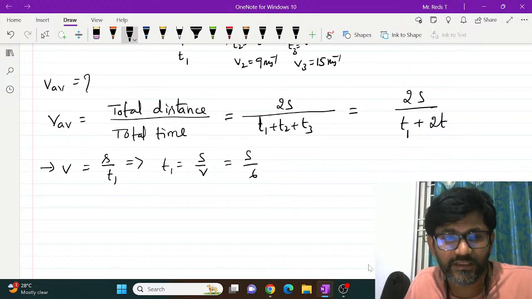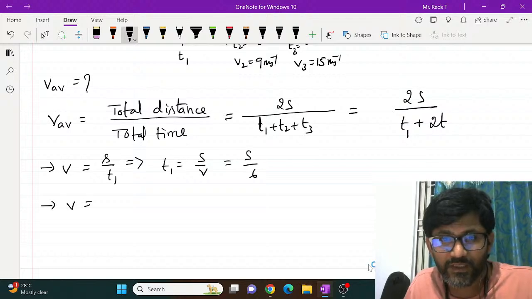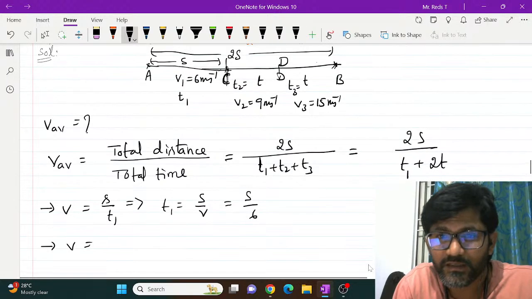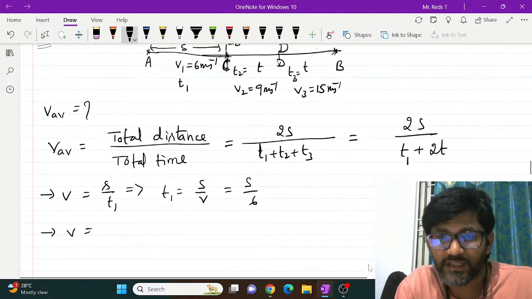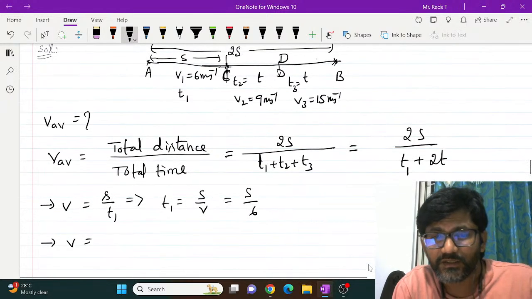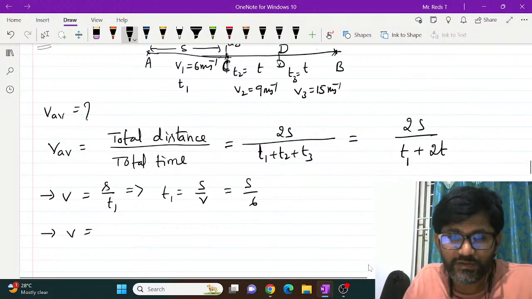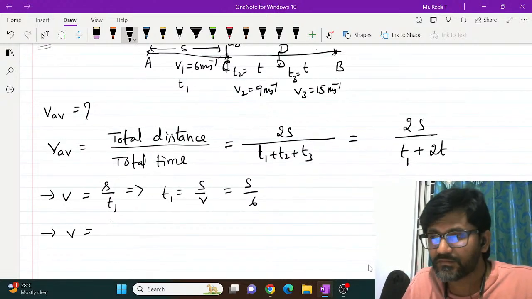Then what is T2, what is T3? Similarly, as v is equal to s by t, we don't know what is the distance traveled during T2 time. So you can take some distance. What is given there?